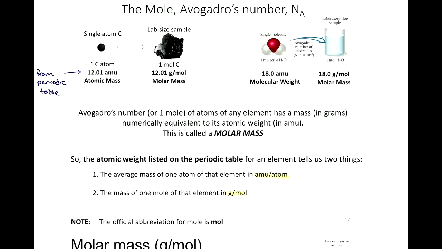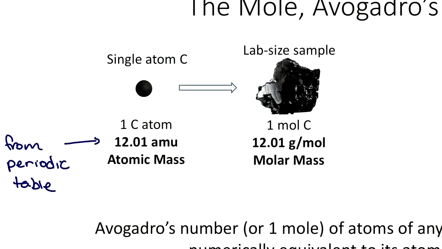So what we're going to do is use a mole and recognize the number stays the same, but the unit changes. From the periodic table, one carbon atom is 12.01 AMU. But if we have a mole's worth of carbon, so 6.022 times 10 to the 23 carbon atoms, it weighs 12.01 grams. So it's the same number, just a different unit.